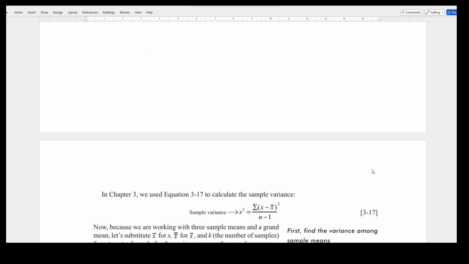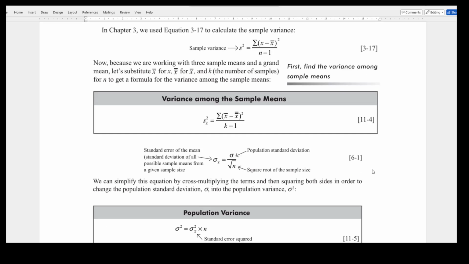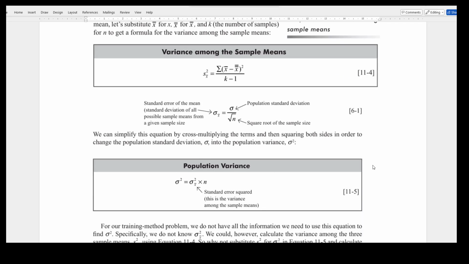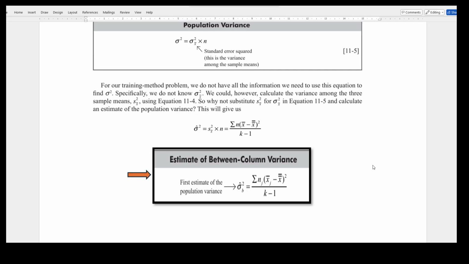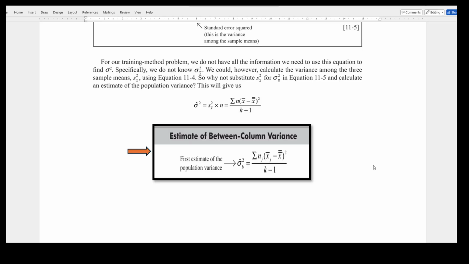In this, the formula we are going to use is that of variances, and that of variances when we have a frequency also available. There are two estimates we are going to use. You will understand it better when we take an example, but the first one is between column variances.